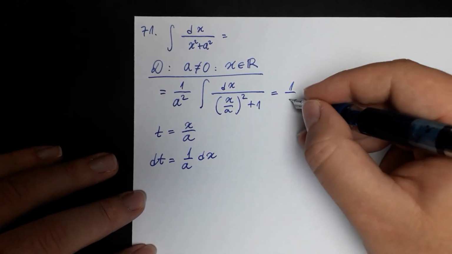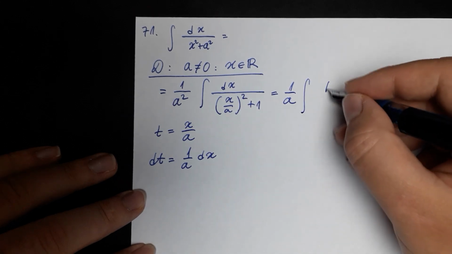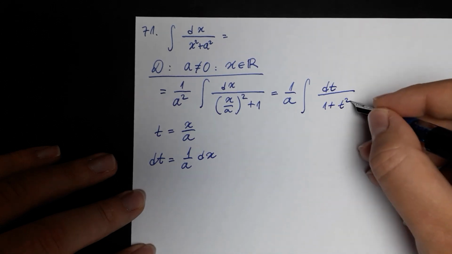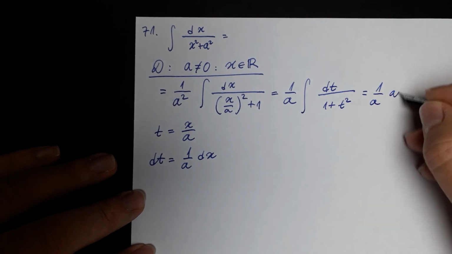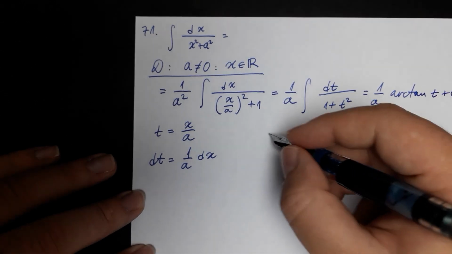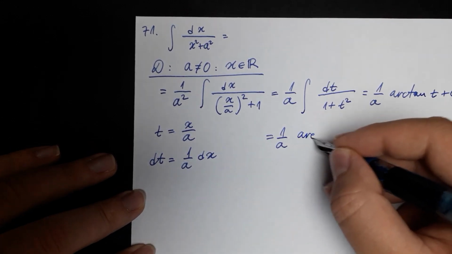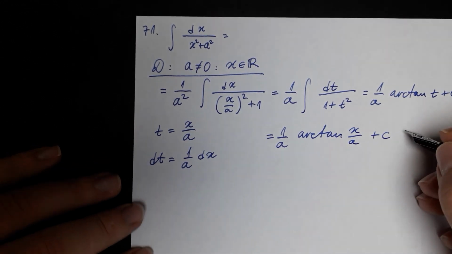This is then equal to 1 divided by a times an integral of dt divided by 1 plus t squared. This is then equal to 1 divided by a arctan of t plus c, which is equal to 1 over a arctan of x divided by a plus c.